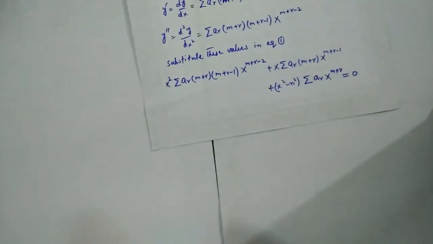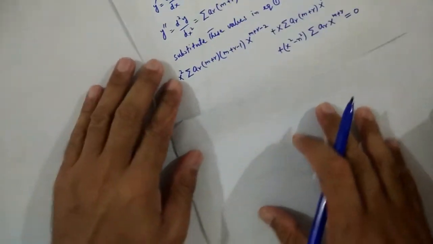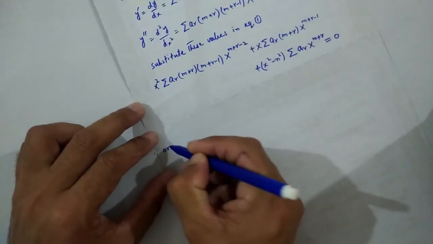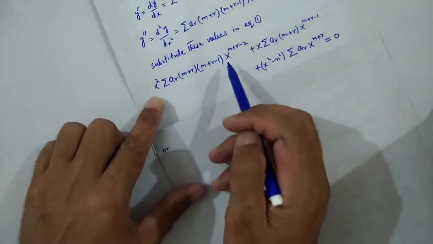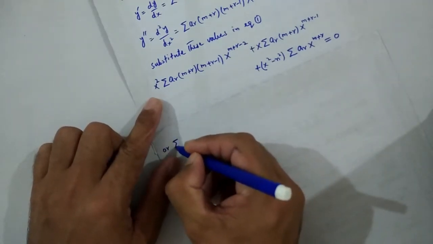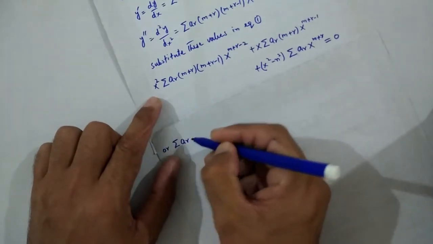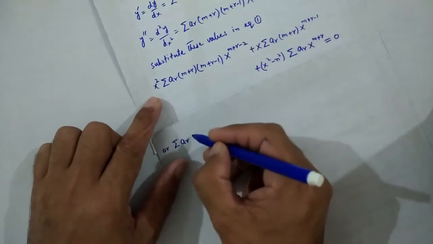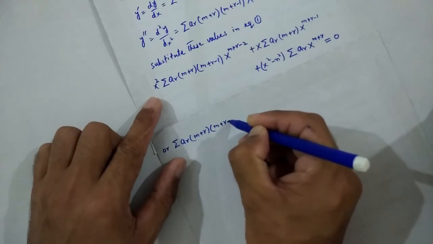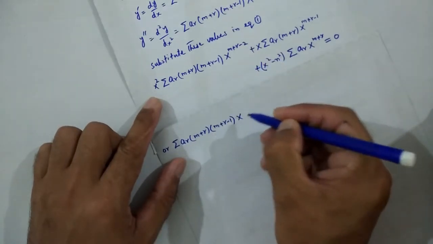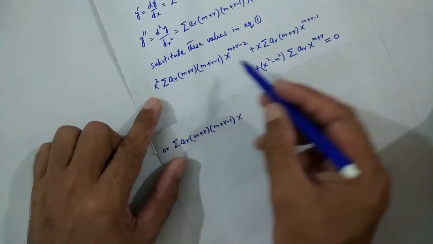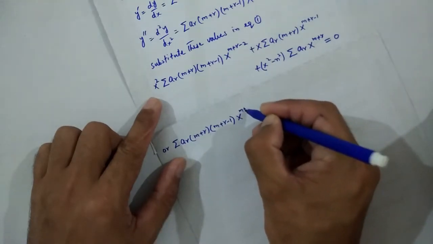When this x square is multiplied with this, we will get summation AR into m plus r into m plus r minus 1 times x to the power m plus r minus 2, and here we have x to the power minus 2, so these will cancel and we will be left with m plus r.